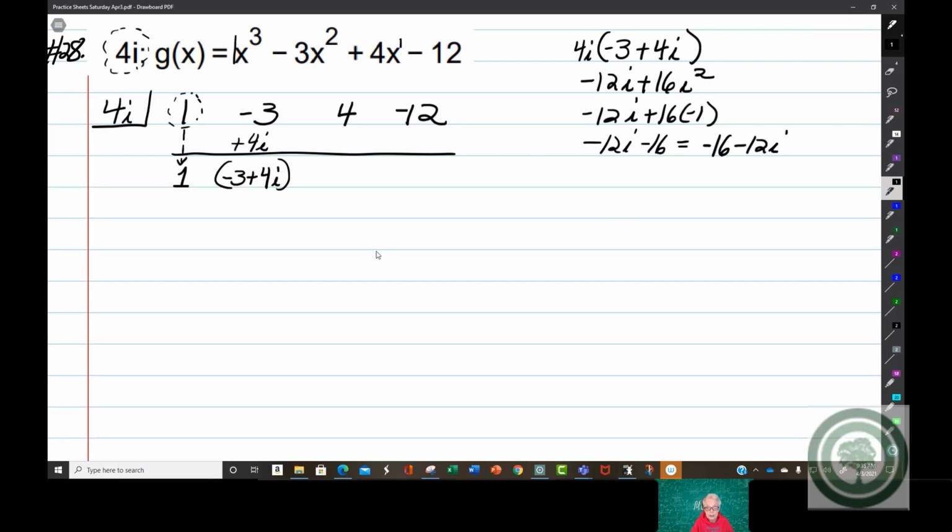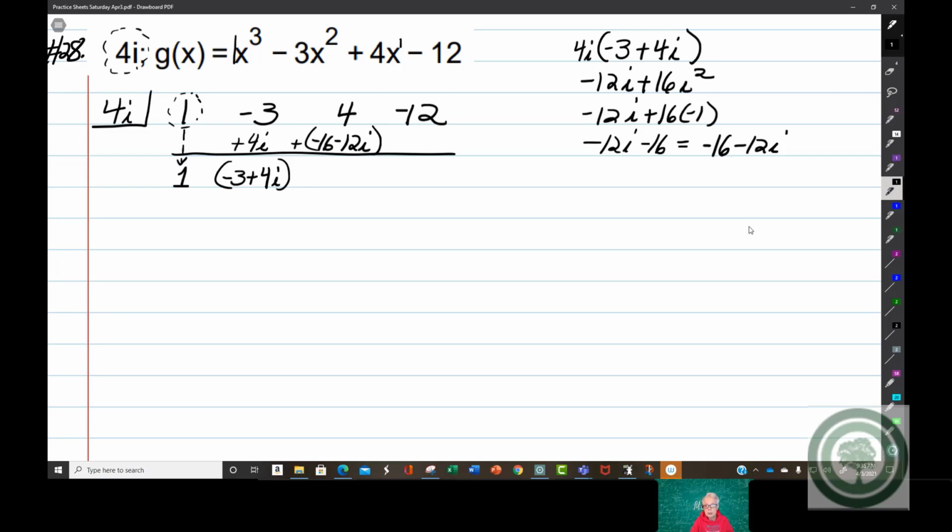And now we come over here. This times this is what I've just done. So I'm going to add 4 to -16 minus 12i, and we're going to add these two together. This is a real number. This is a real number.